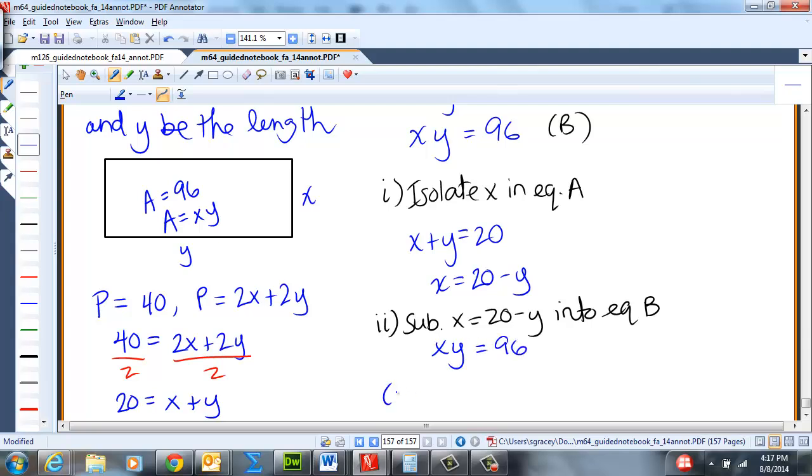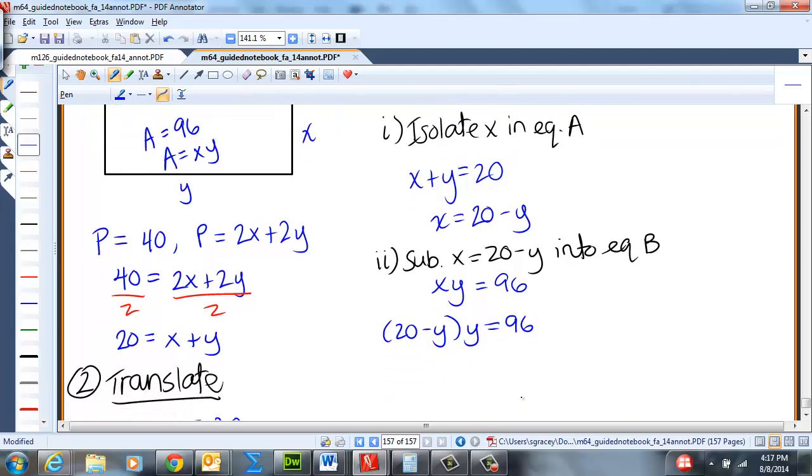So we're going to have 20 minus y times y equals 96. So that will give us 20y minus y squared equals 96.